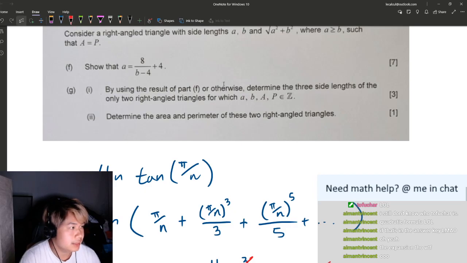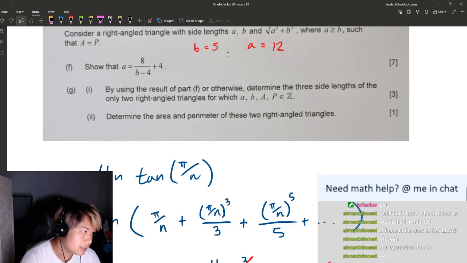So the first choice is if you have 8 divided by 1. If that's the case, then B needs to be 5. If B is 5, then B minus 4 is 1. Then 8 divided by 1 is 8, plus 4 is 12. And then that means that my perimeter might be an integer.